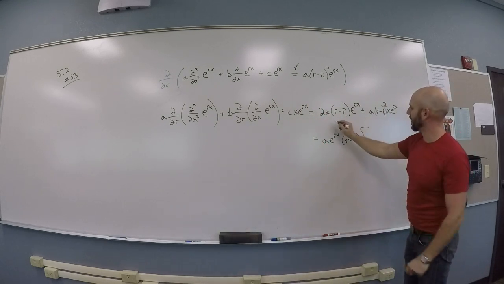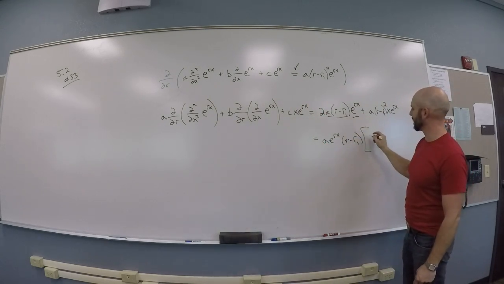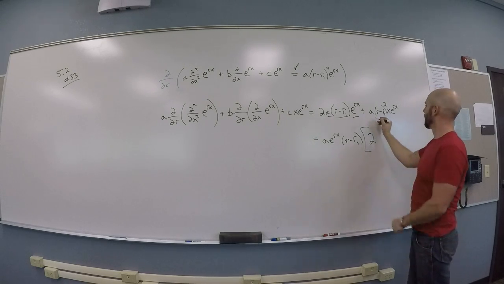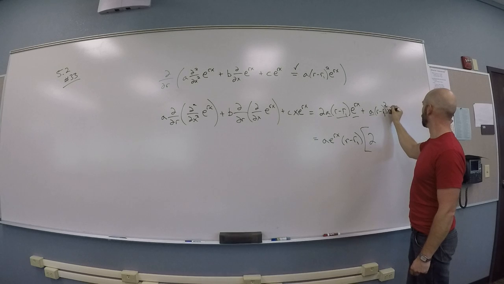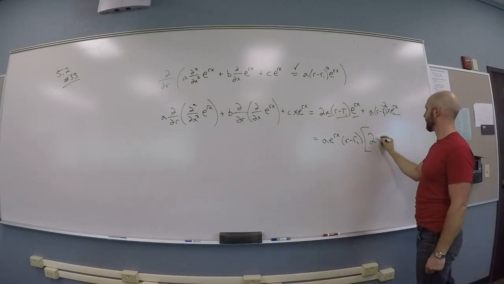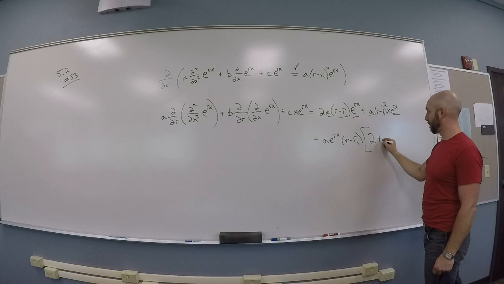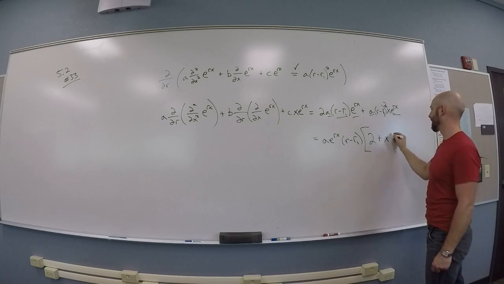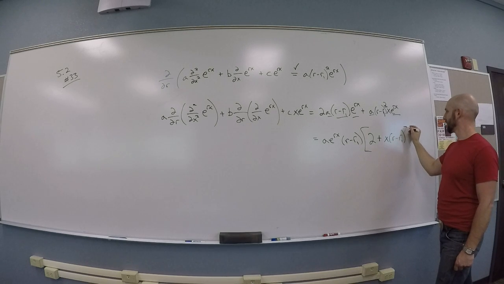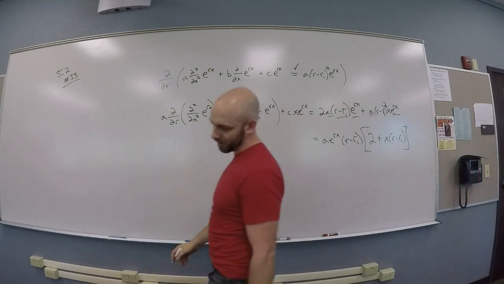A 2. I took care of that and that and that, so a 2. And in the other term, I took care of that and one of those and that, so there's an x and an (r minus r1) left. And I think that's exactly what they wanted me to see.